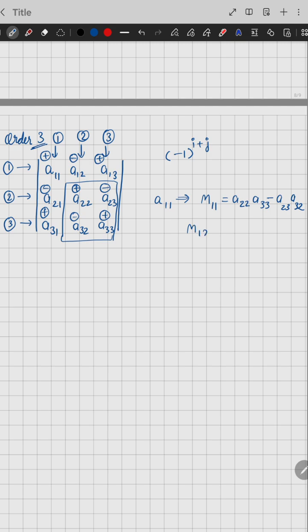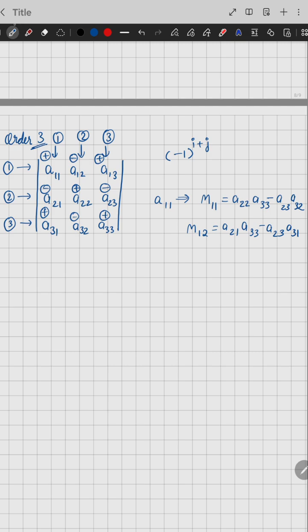For M12, we will cut these ones and we will multiply A21 into A33 minus A23 into A31.